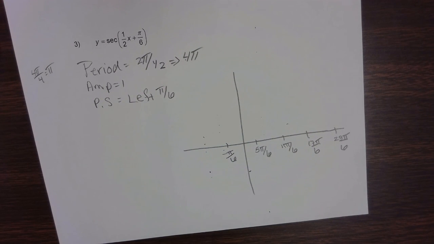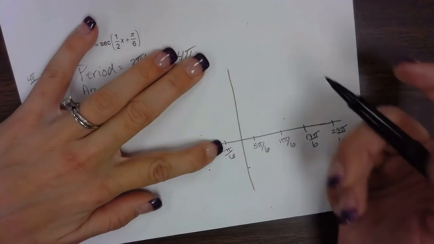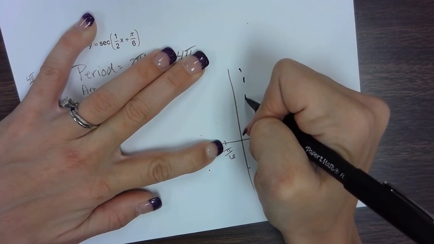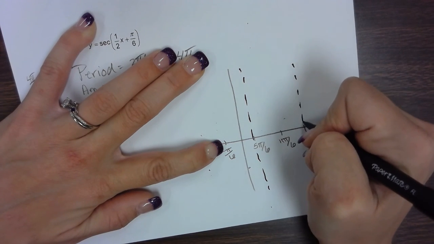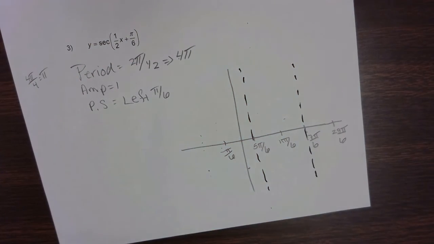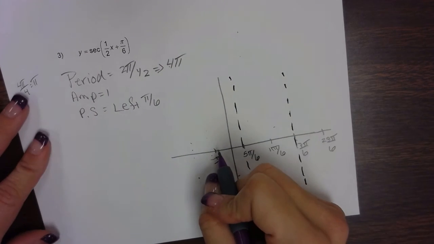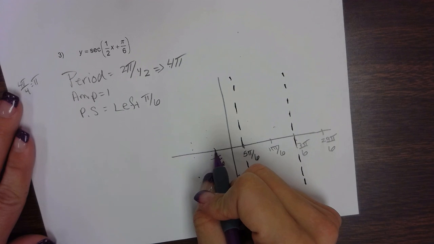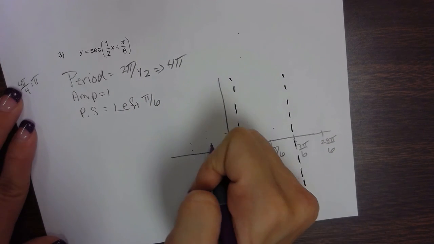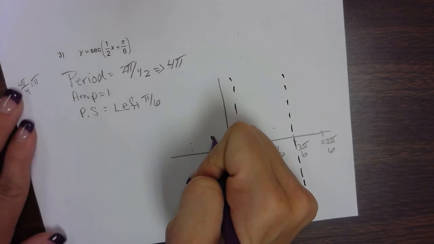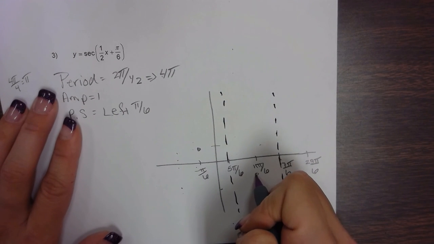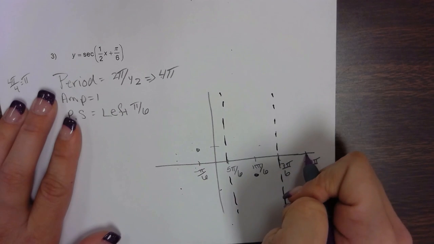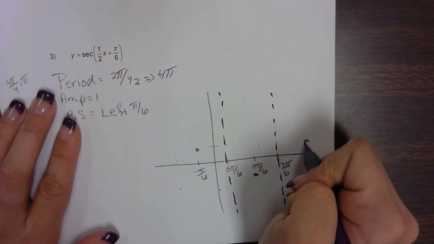This is secant, so we start with a coordinate, and then every other one after that is our asymptote. Okay, now there's no vertical shift, so we're going to start on the x-axis, but our amp is only 1. Start on the x-axis, our amp is only 1.